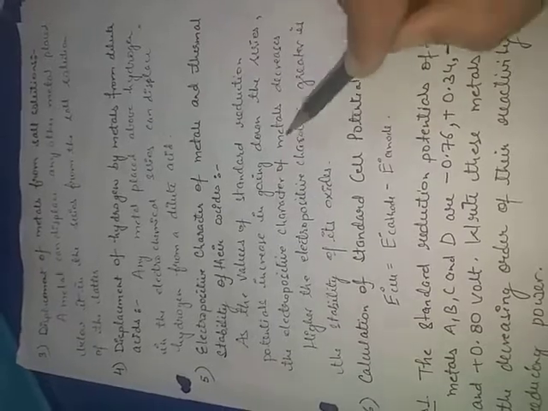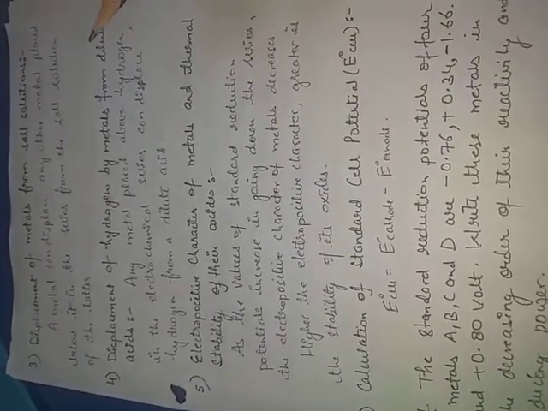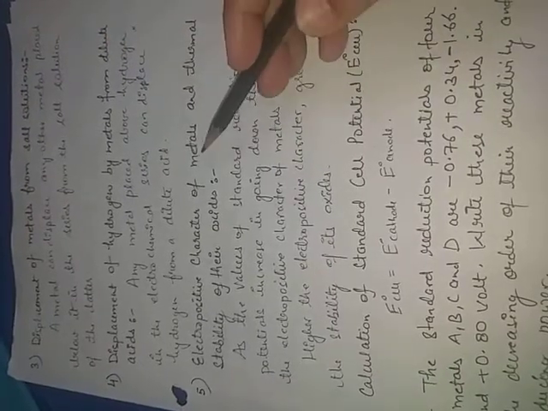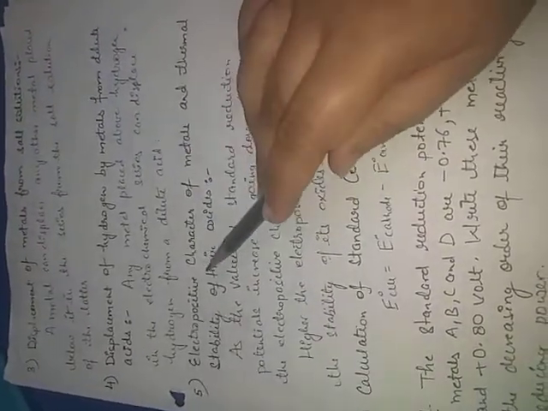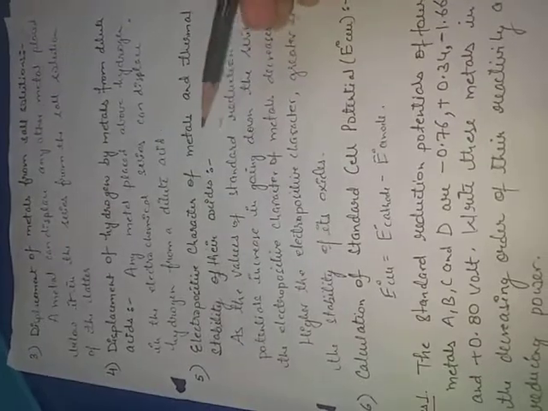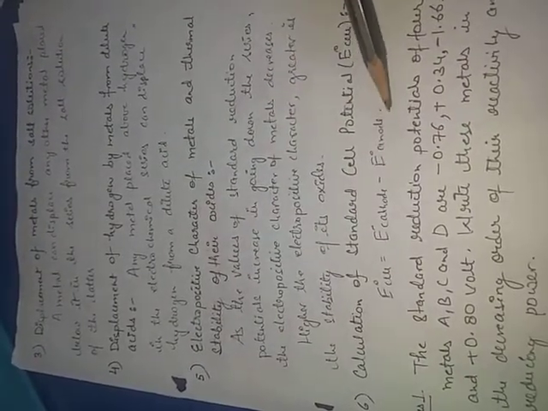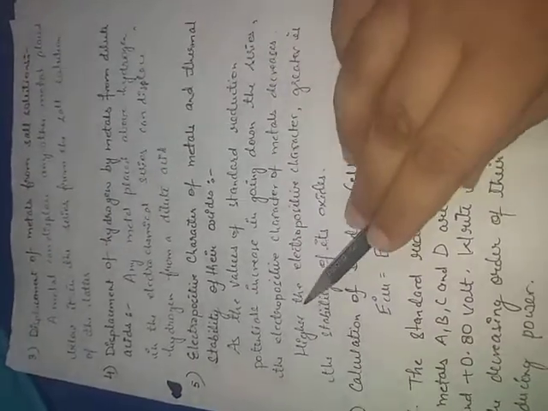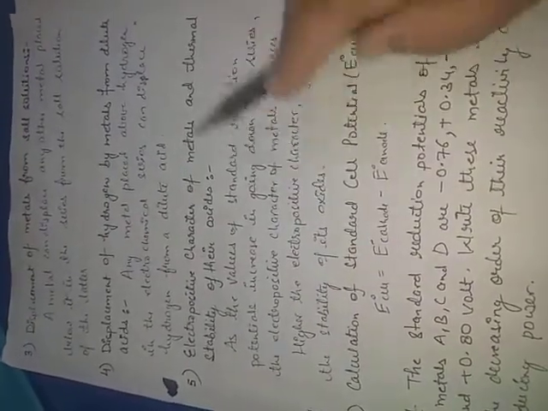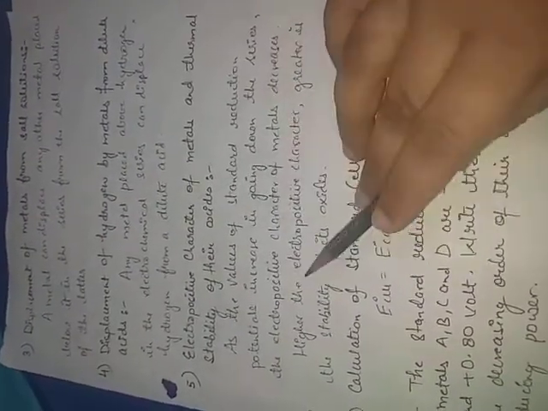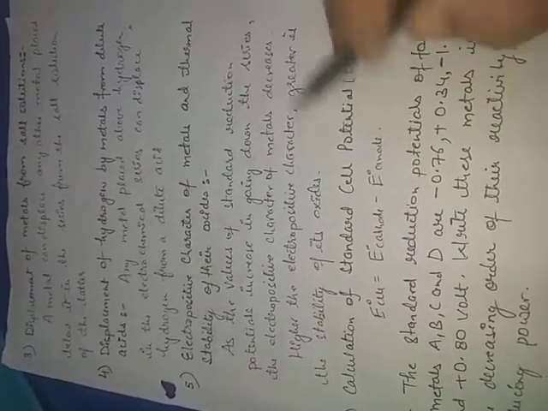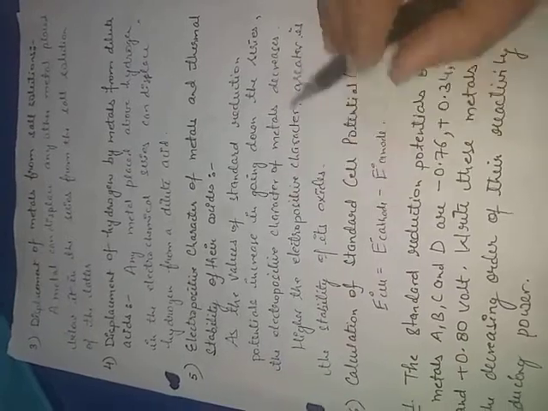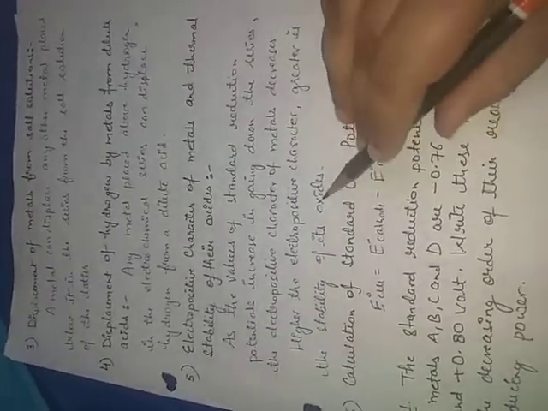Okay, so the one which is present above in the electrochemical series will be a good metal and will have more electropositive character, and the one which is present lower will have less electropositive character. And about the thermal stability of their oxides, the higher the electropositive character, the greater is the stability of its oxide.